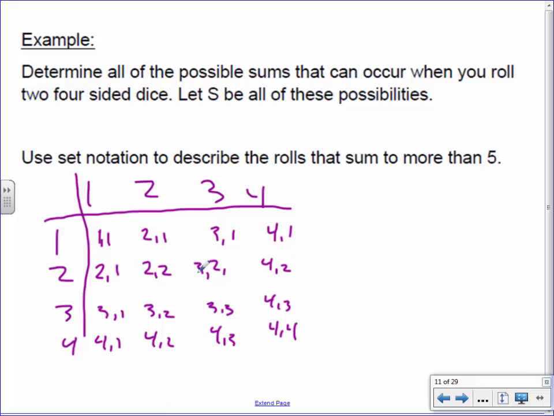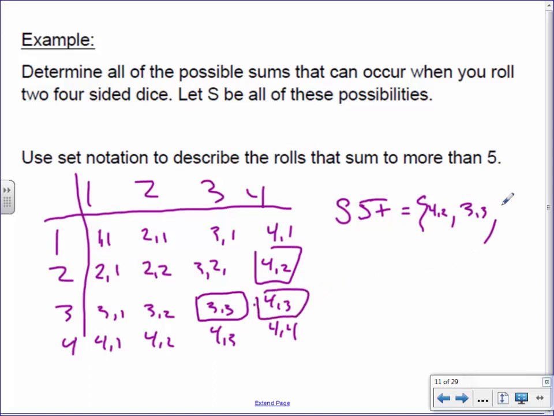Cool. Okay. So use set notation to describe the rolls that sum to more than 5. I guess I could write it as sum to 5 plus. Which ones had more than 5? This one here, so the 4 with the 2. The 3 and the 3 will do it.